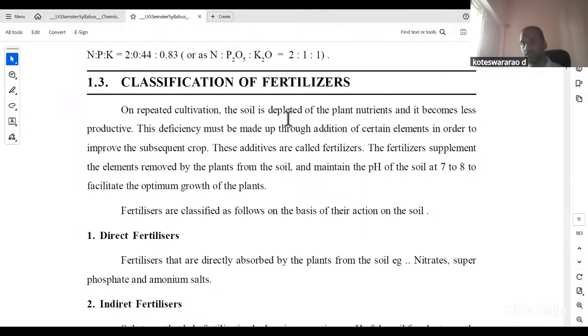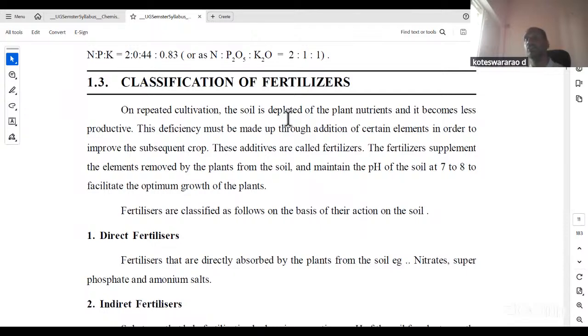Once the availability of these macro, micro, and secondary nutrients goes down, obviously crop productivity is reduced. This deficiency must be made up through the addition of certain elements in order to improve subsequent crops.